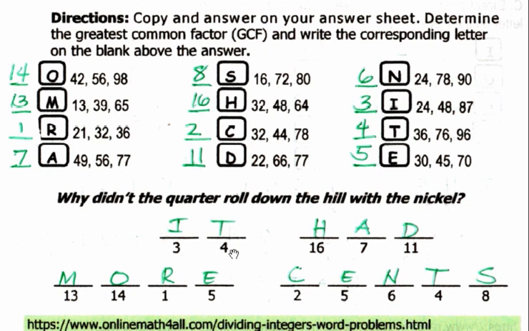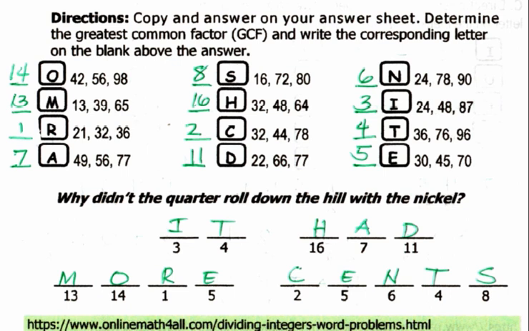Above the number 4, what box contains the answer 4? We have letter T. For 16, we have letter H. For 7, we have letter A. For 11, we have letter D.